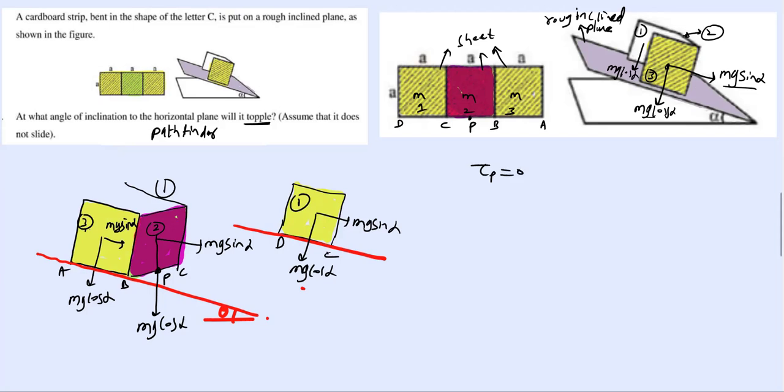Net torque about point P, at the midpoint of BC, should be 0. Then all will set up torque. Torque due to mg sin alpha will set up about point P. And what is this length? This length should be equal to a by 2.